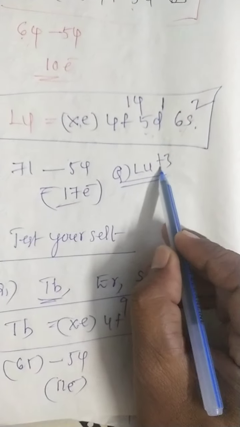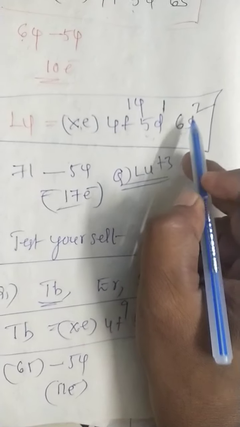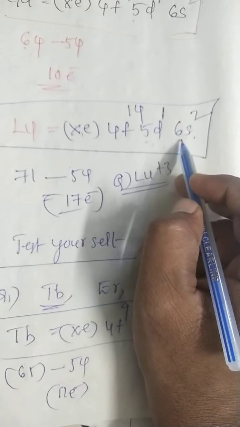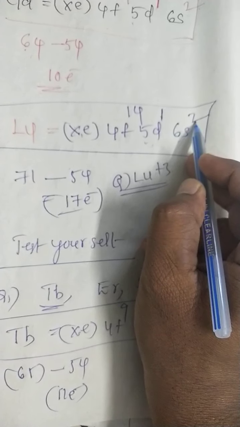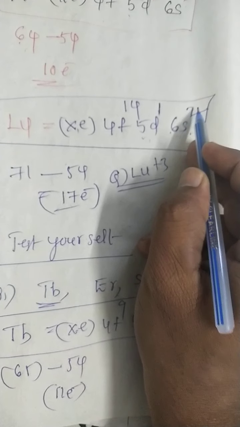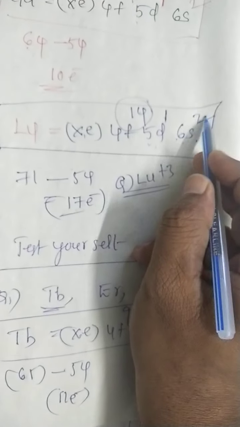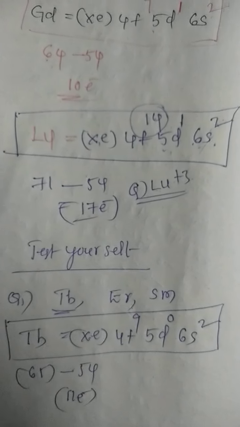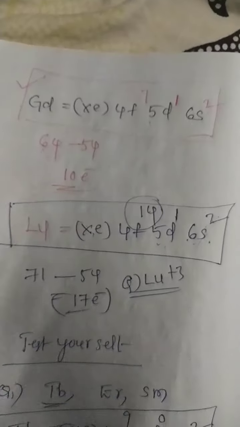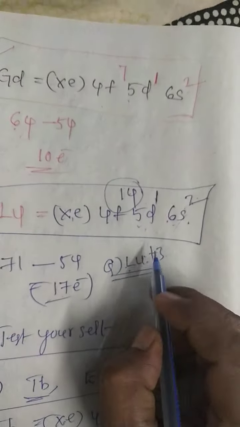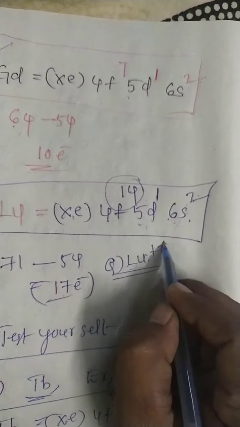Lutetium plus 3. Listen carefully: what happened? 3 electrons are lost. 3 electrons lost means 2 electrons from the s orbital and 1 more electron from the d orbital.